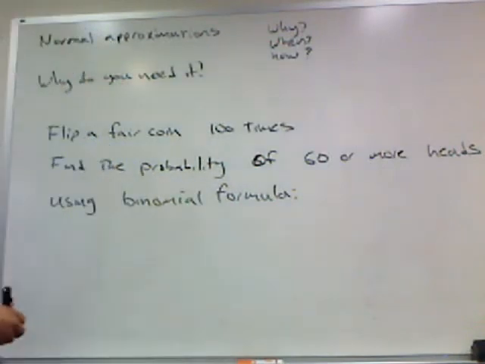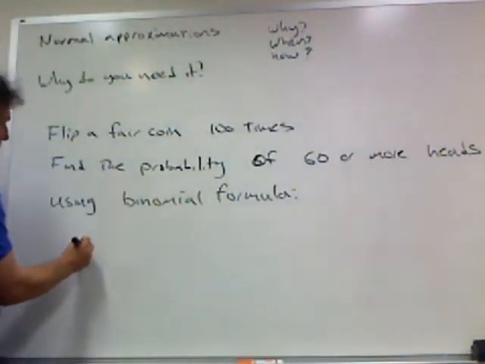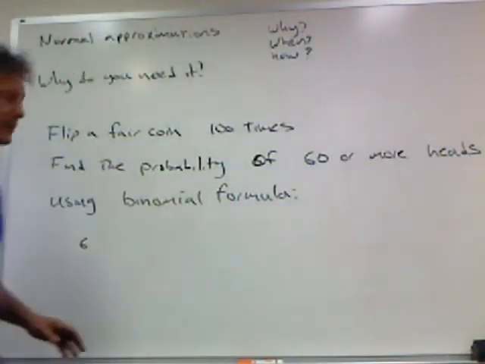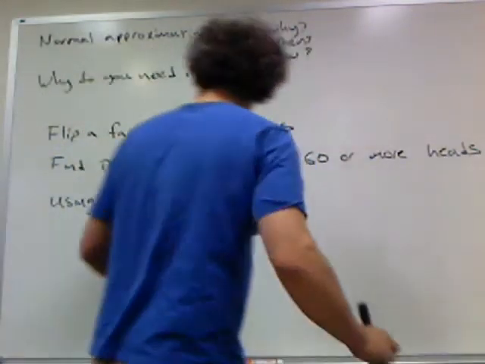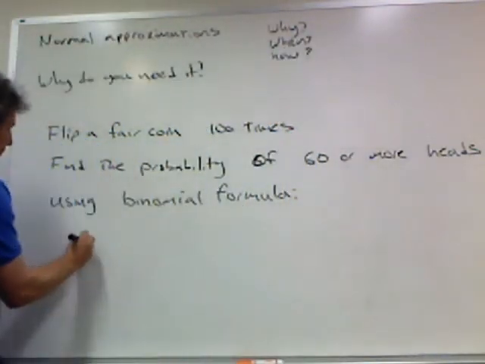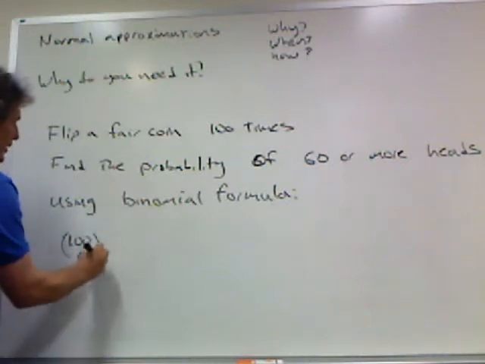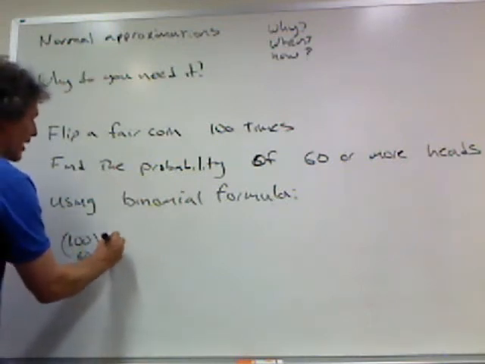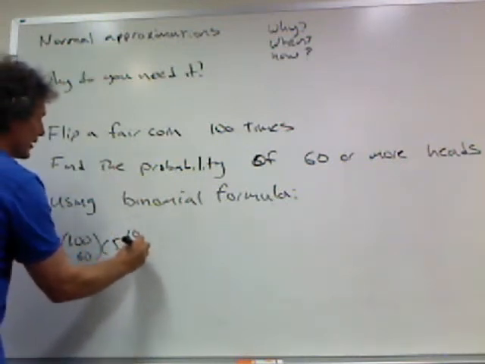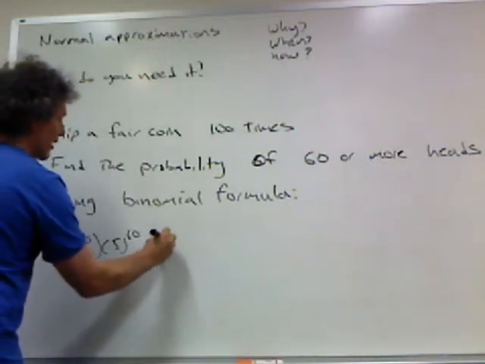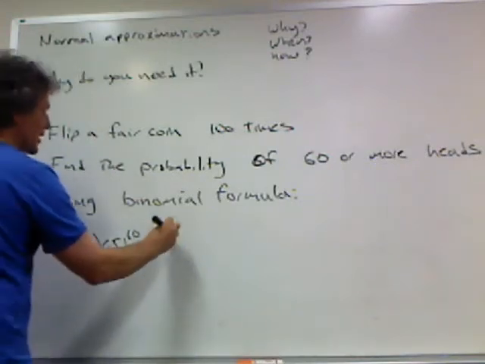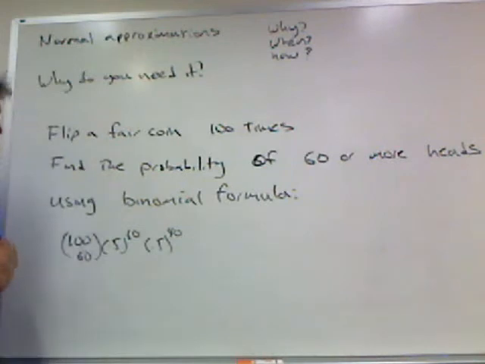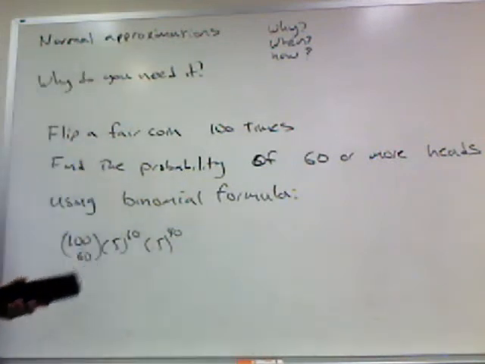All right? So it would be 100 choose 60 times 0.5 to the 60 times 0.5, so this is the probability of heads, this the probability of tails, to the 40. But that's just the probability of getting exactly 60.